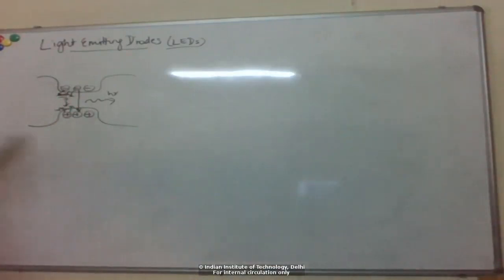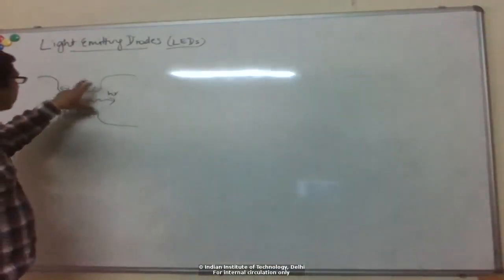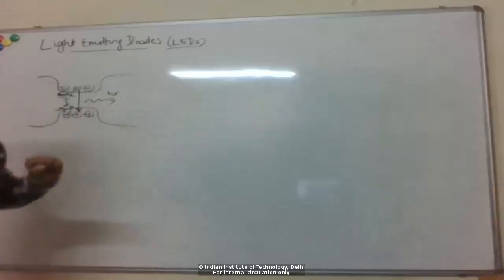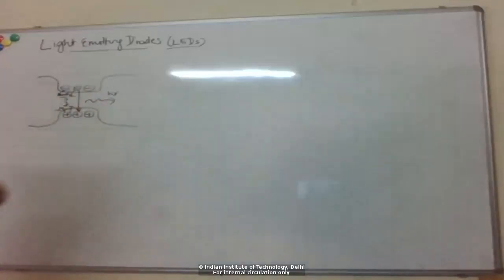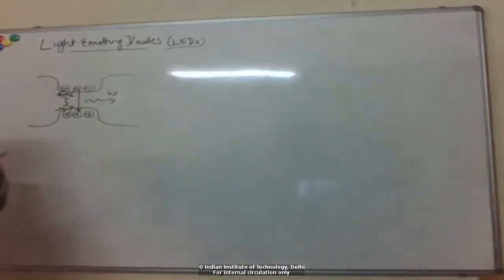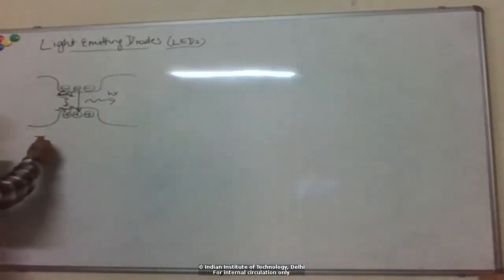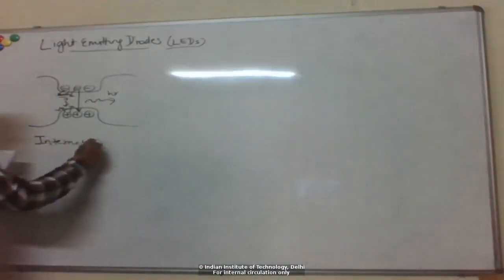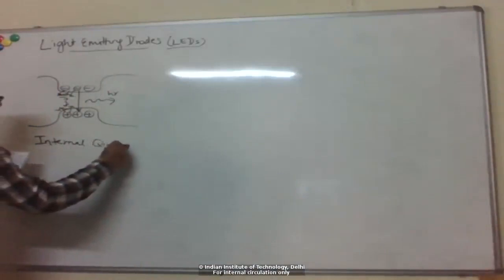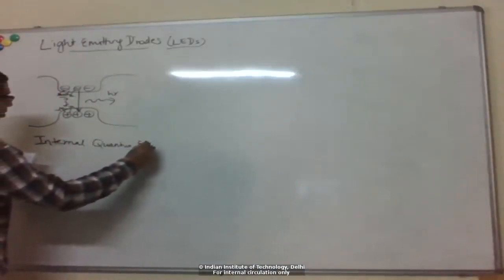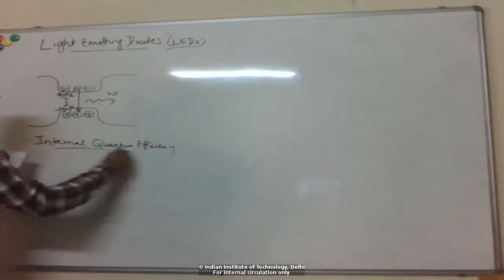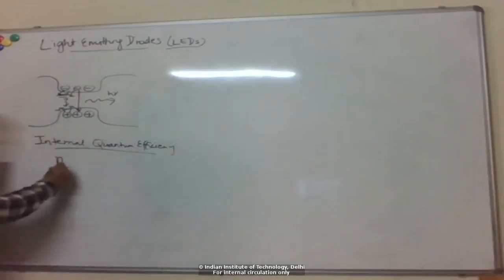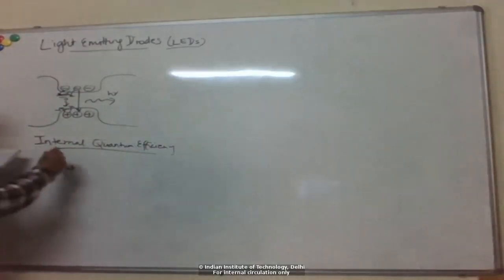But we want that to be very small compared to the radiative rate, because our purpose is to get light out. So there is a parameter defined, known as the internal quantum efficiency, denoted by the symbol eta.